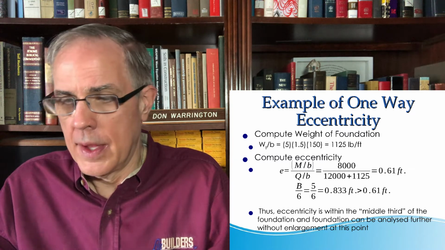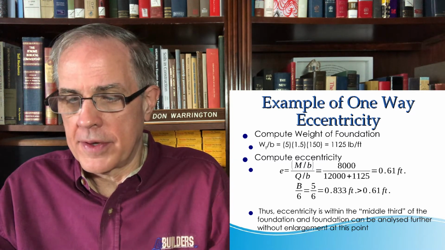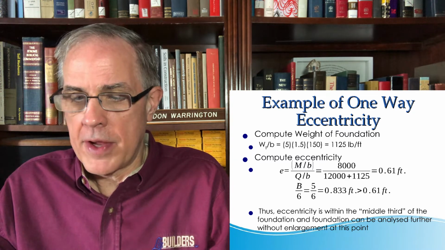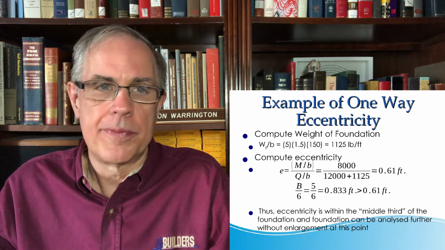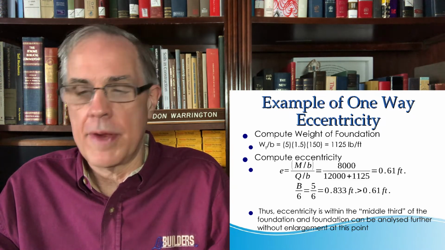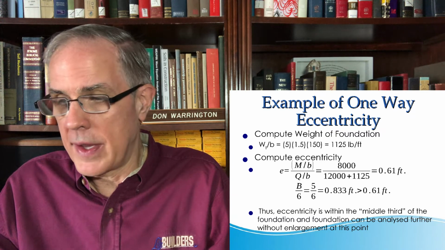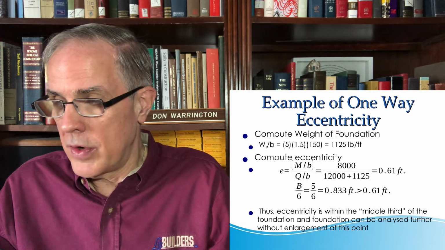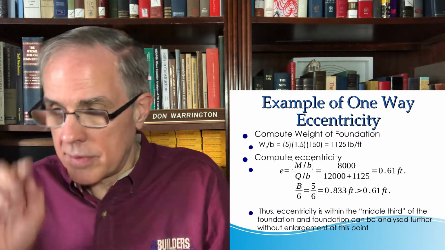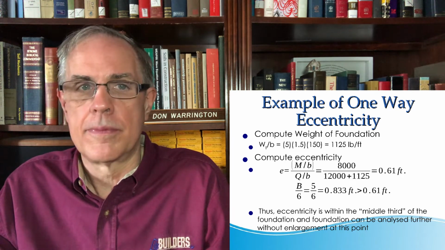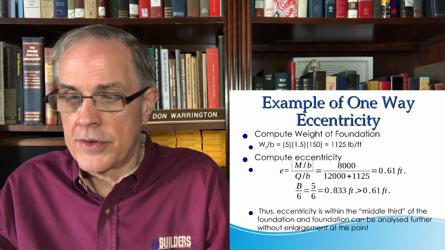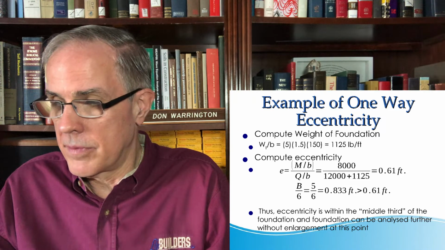So B over 6, the middle third dimension, is 5/6, which is 0.833, which is greater than 0.61. And the eccentricity is in the middle third.